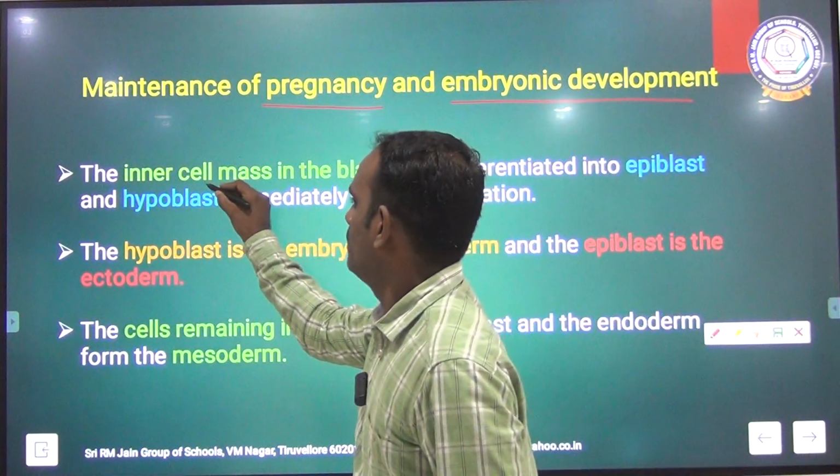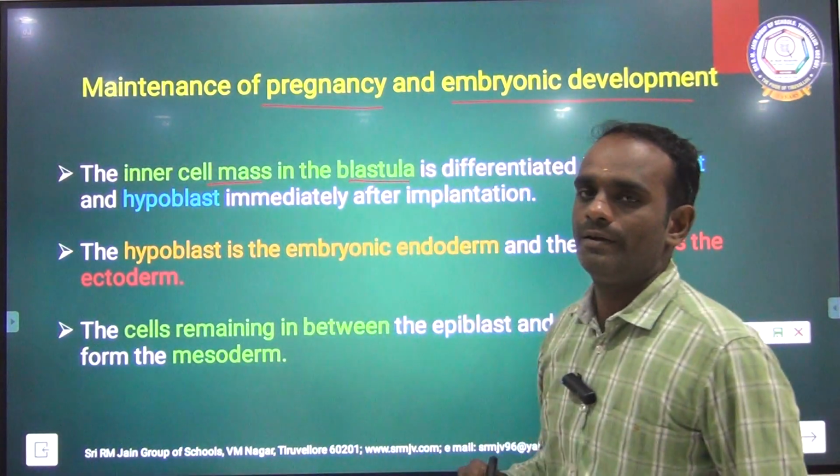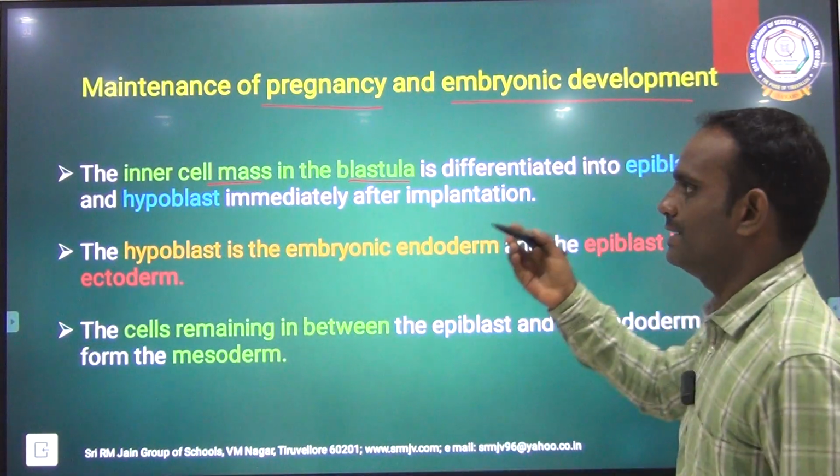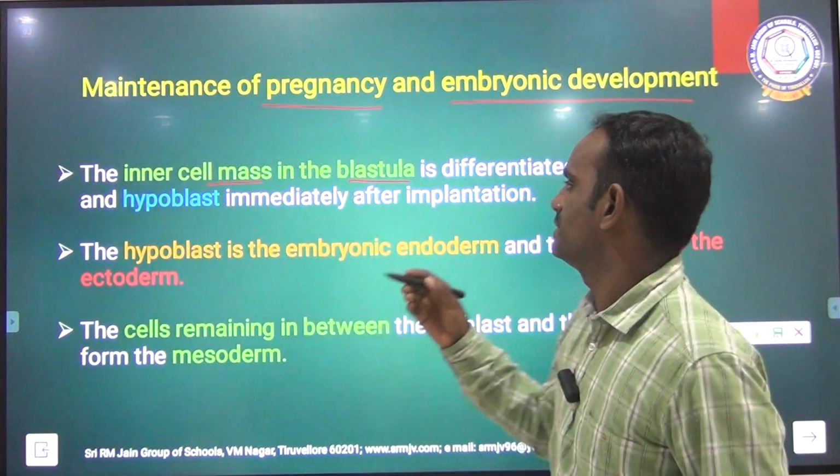The inner cell mass of the blastula, that means blastocyst. Blastocyst has two different types of cells.